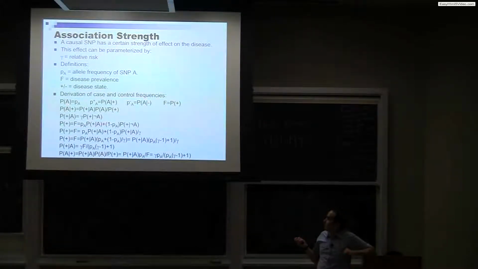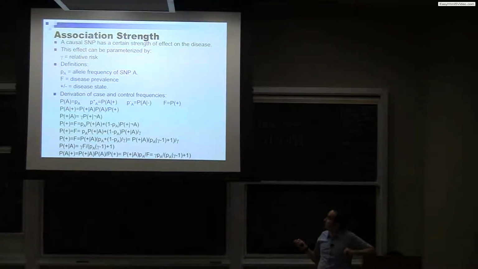So this is actually why we covered Bayes' rule, okay? If I give you these values and the relative risk, I want to figure out what these two values are. Okay, so how do I do that?